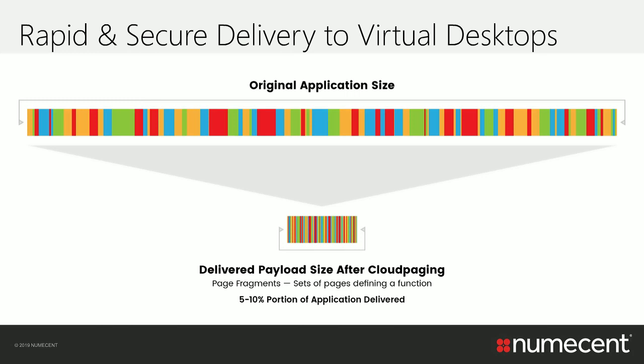So you have the rapid delivery, but you still have real-time performance for those applications. And even in a multi-session environment, we cache so that if two users are using the same application, they're not required to page that information twice. It'll already be there for the second user. So this is the rapid delivery. This is how we get those applications to the desktop quickly.